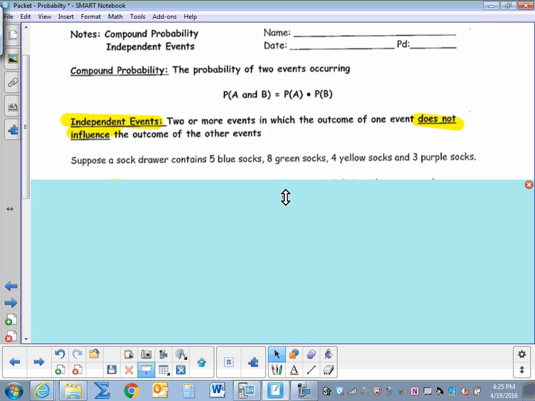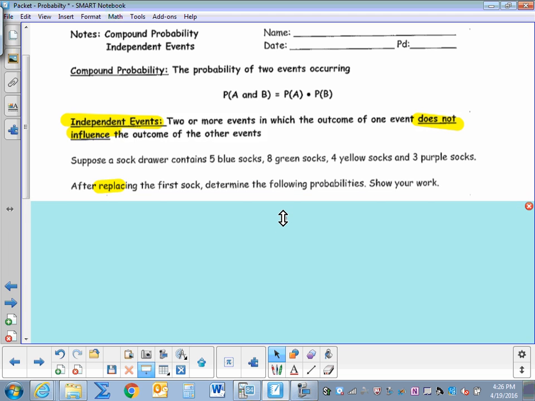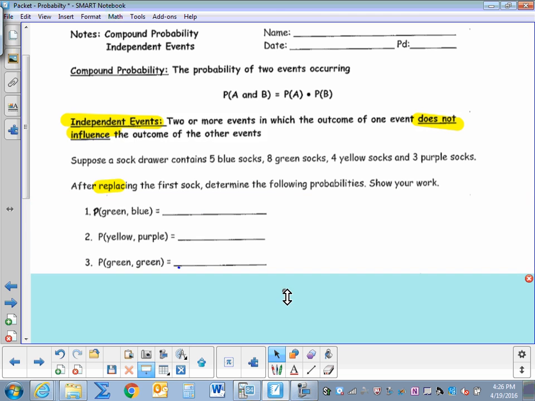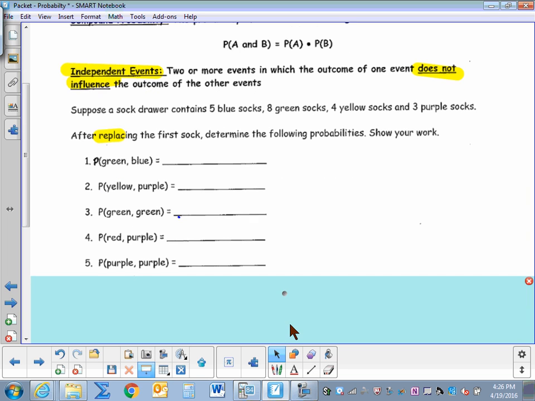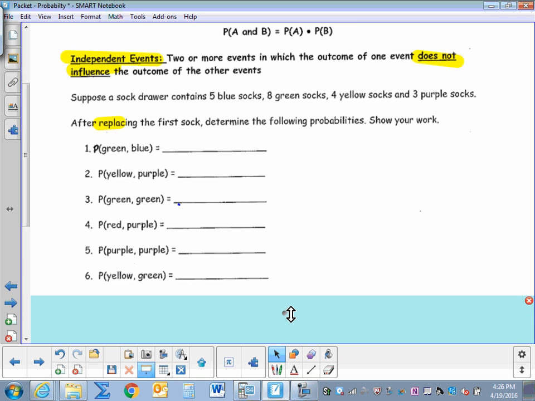So suppose you have a sock drawer that contains 5 blue socks, 8 green socks, 4 yellow socks, and 3 purple socks. After replacing the first sock, determine the probabilities and show your work. So let's go ahead and make ourselves a chart here so we can easily calculate all these compound probabilities. So first let's look. We have 5 blue socks.